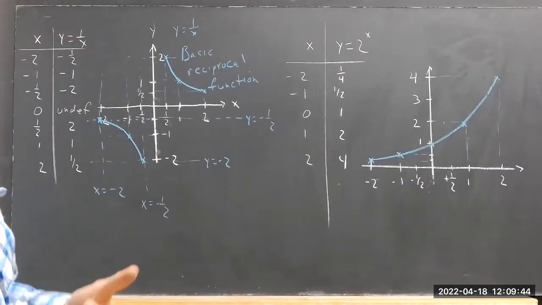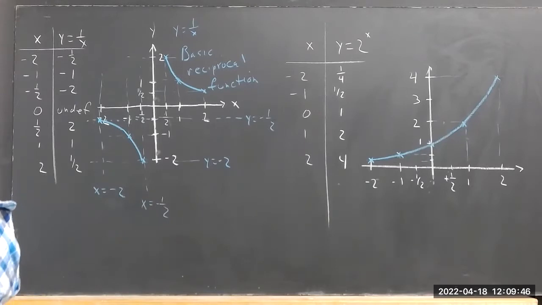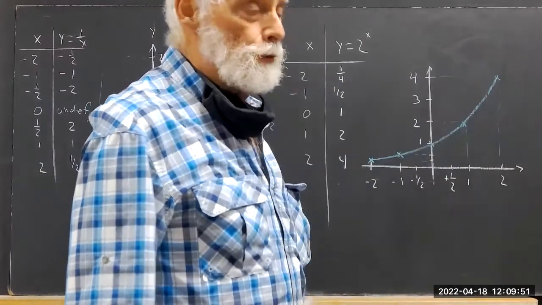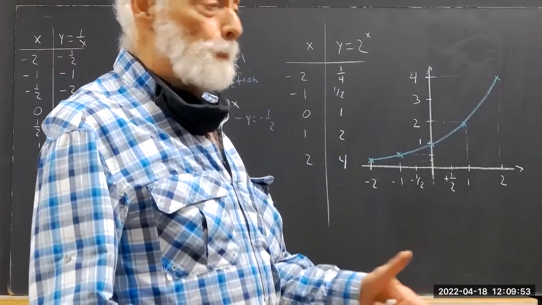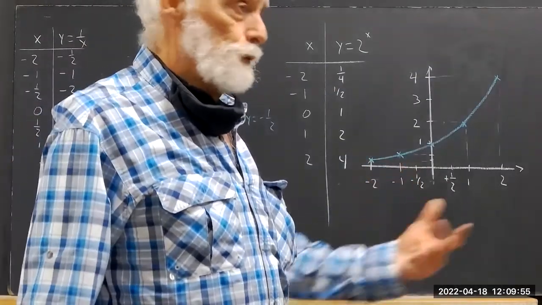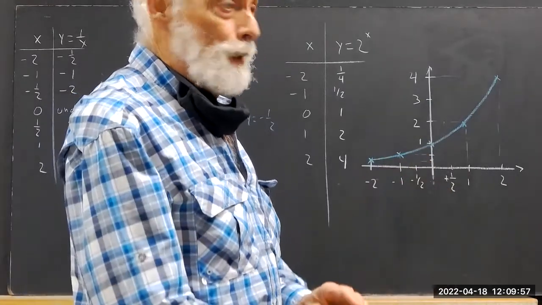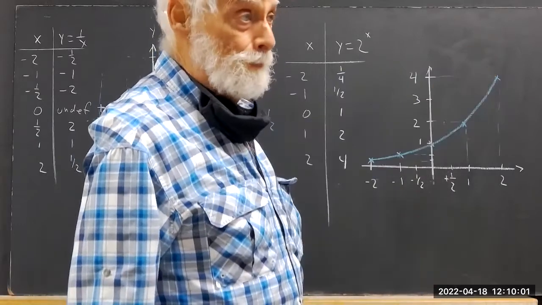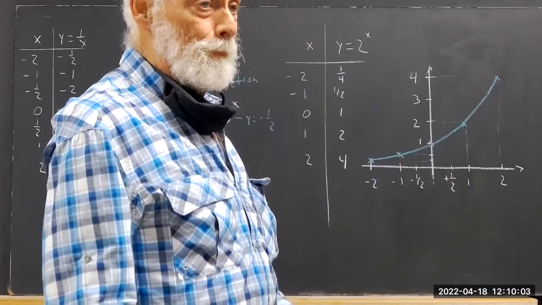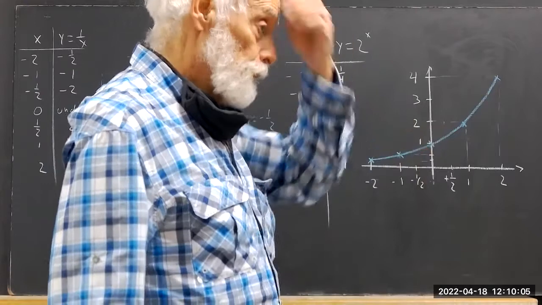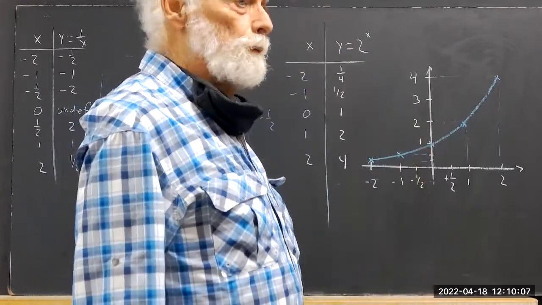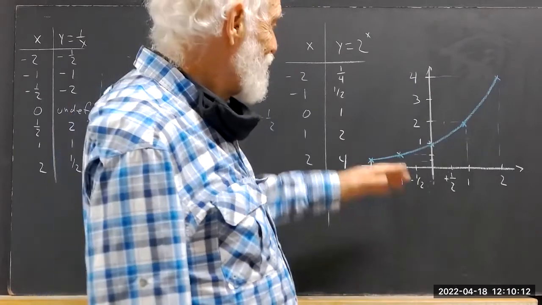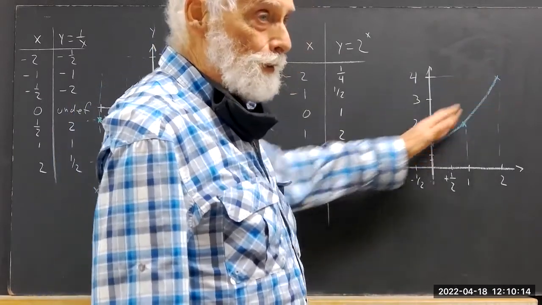Now, this curve is good for a lot of things. For example, the shape of this curve tells you if you put money in the bank at a certain interest rate, your money's going to change according to this curve. Okay? This curve is pretty universal. It happens all the time. If you have an invasive species, it tends to take over like this.